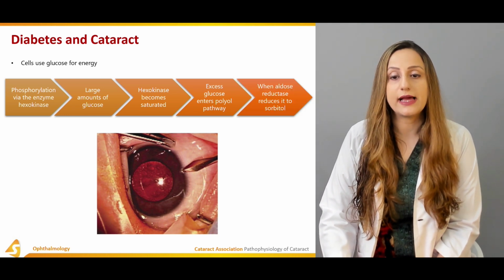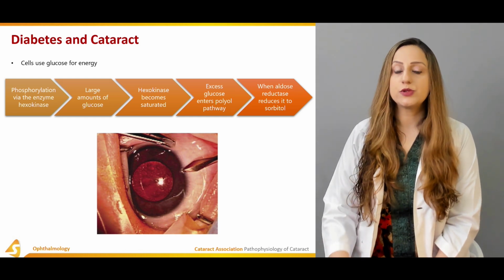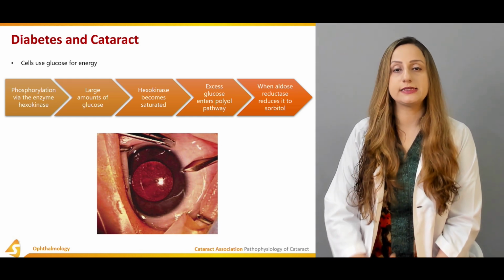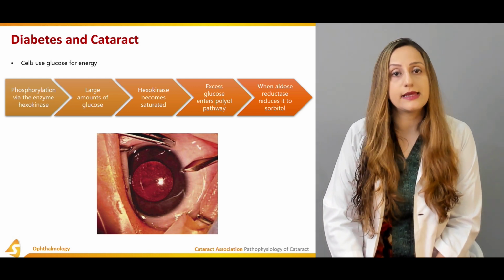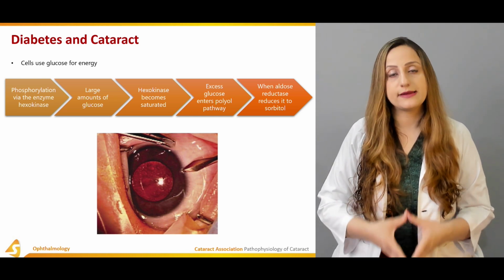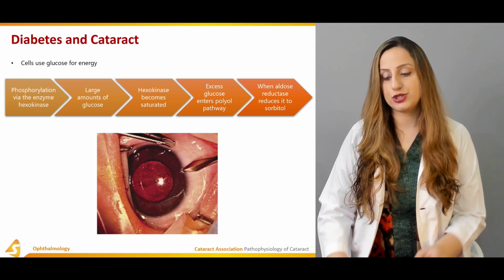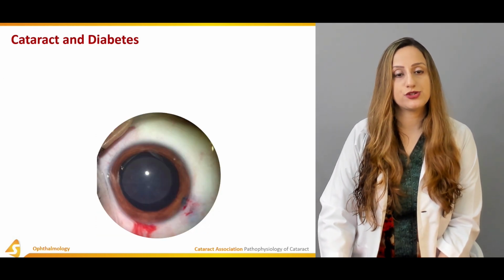When aldose reductase reduces it to sorbitol, we know that the sorbitol is accumulated inside the lens, and once it is accumulated, it is going to cause the influx of water due to the osmotic pressures, and that leads to the cataract formation.